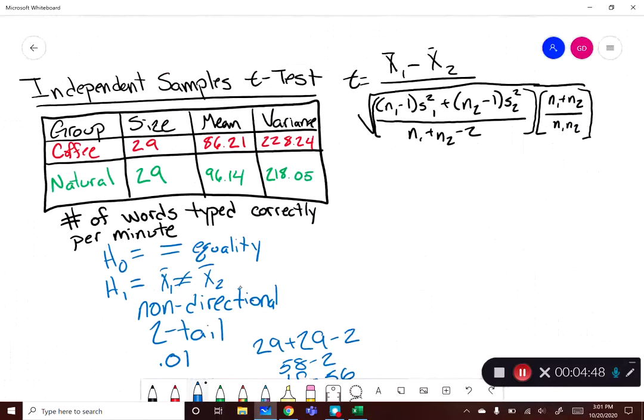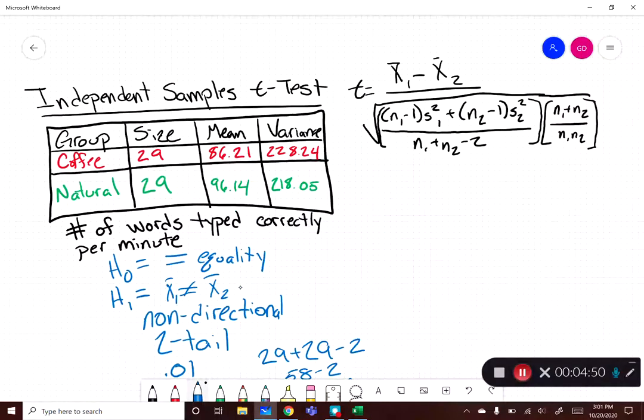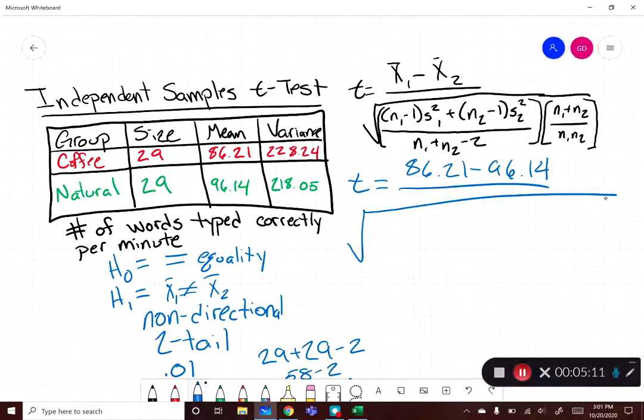So now we have our formula up here. Let's just go through right now and fill out the basic formula part of it. So here we're going to have t. Sample 1, let's use 86.21 for coffee drinkers, 96.14 for our natural sample. Square root, the sample size of our first group, 29 minus 1.